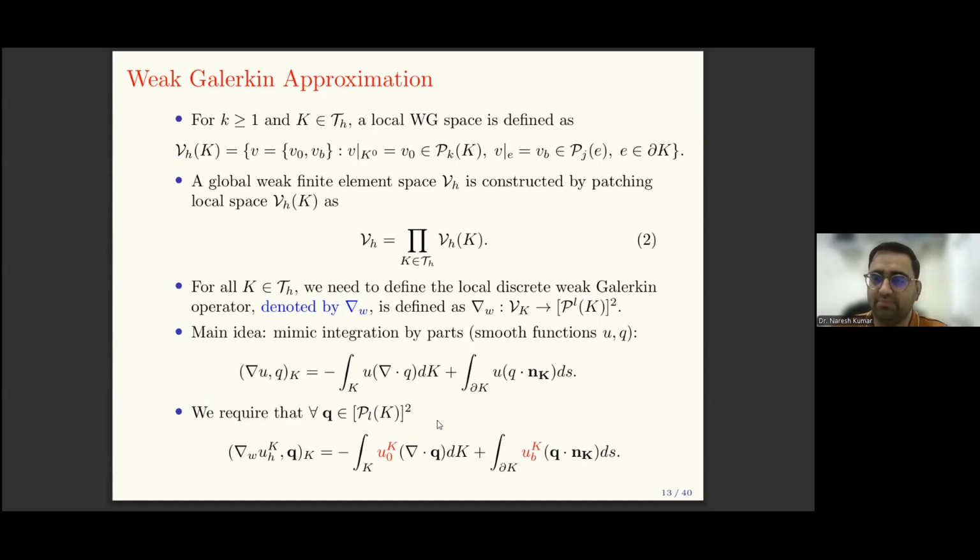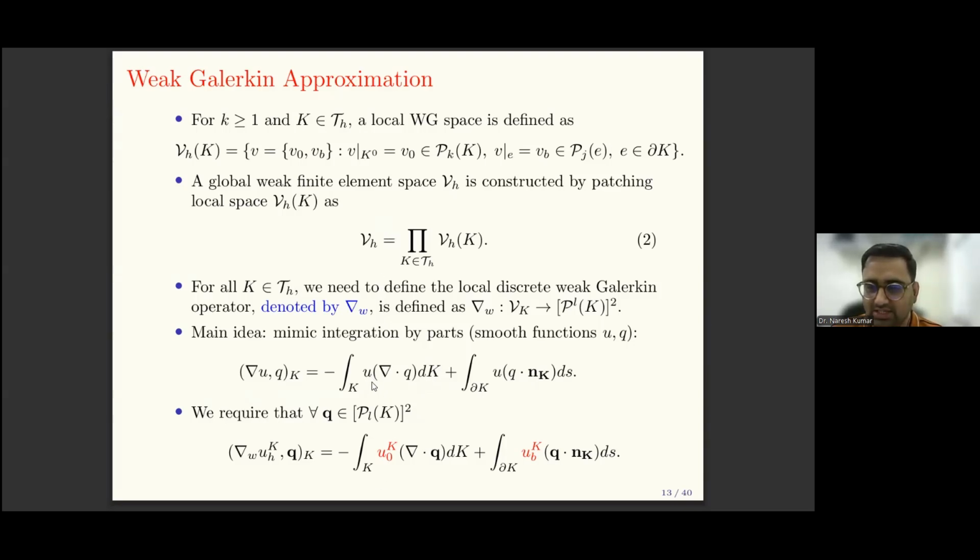The idea to define the weak gradient comes from integration by parts. If you take the classical integration by parts, like grad U times Q integrated over K, where this is the notation for integration, then here you can see U, and here on the boundary also U. But we split U into two parts, U naught and UB.